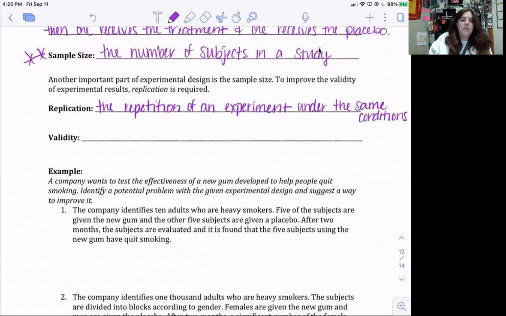And then validity is the accuracy and reliability of the experimental results.